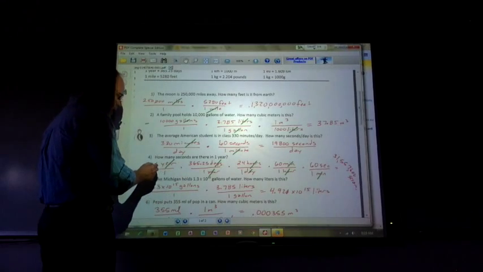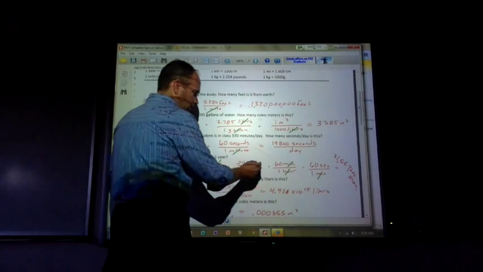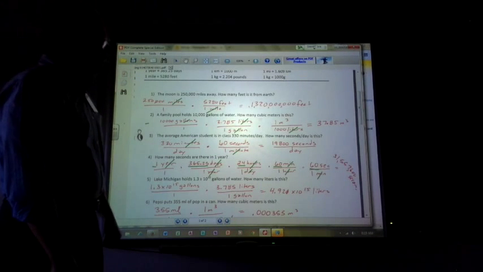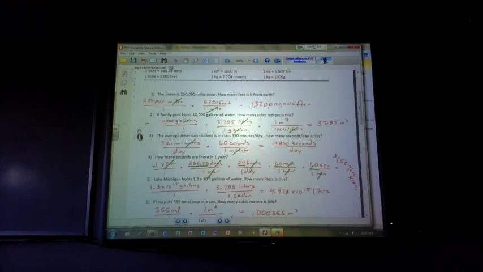So if you multiply all of these together, you come up with 31,557,600. I had to write it sideways. Sorry.